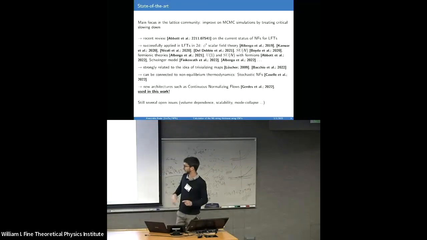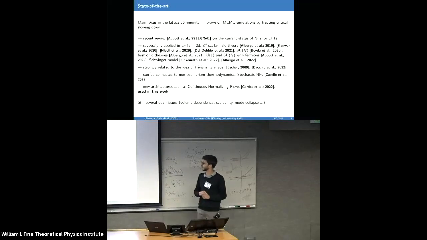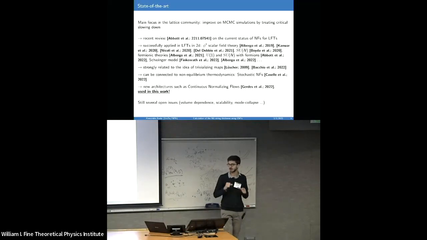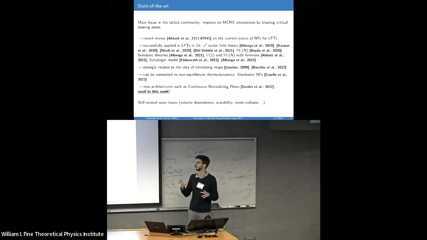I'm not going to comment on everything I wrote here. I just want to say that in the last, I would say, four years, in the lattice field theory community, there has been a strong push to understand how to use this. Several architectures have been applied, more or less always on toy models or very small volumes. But there is a lot going on, and I think this is a very nice and pretty much alive part of the lattice community.